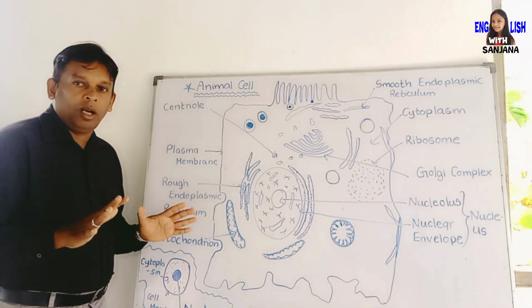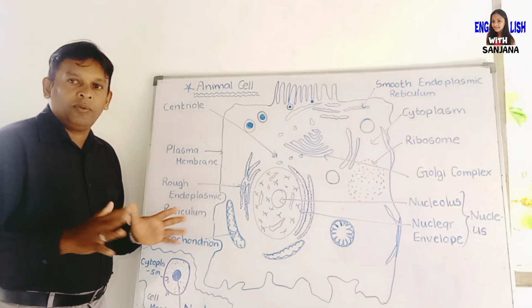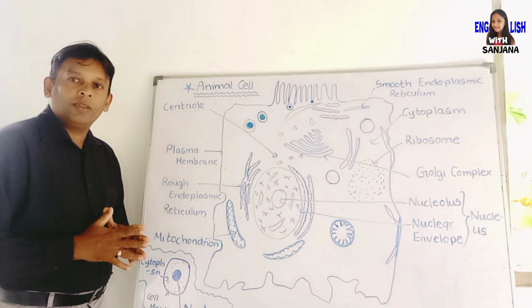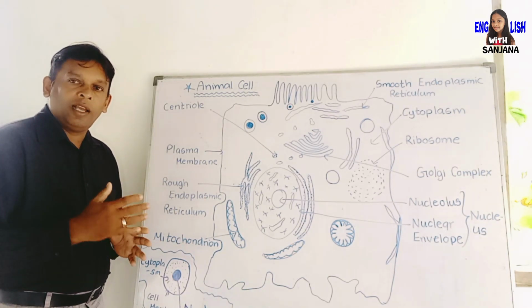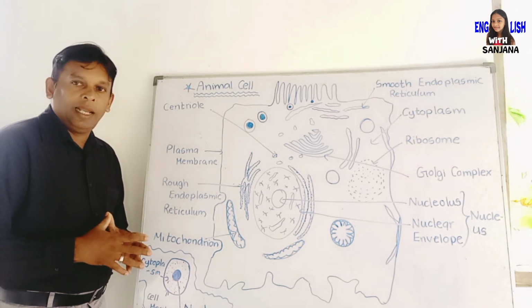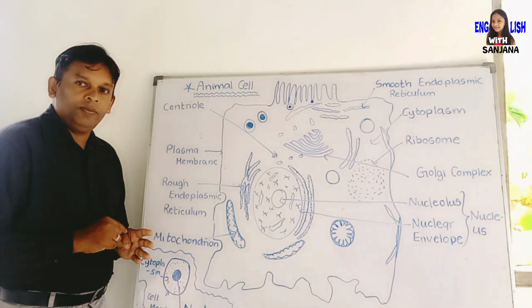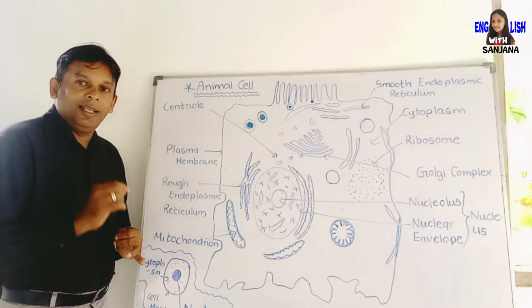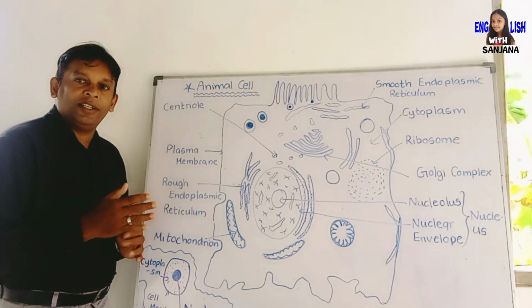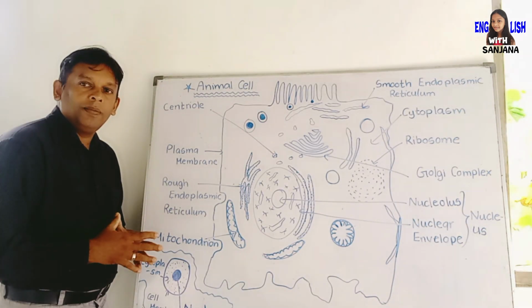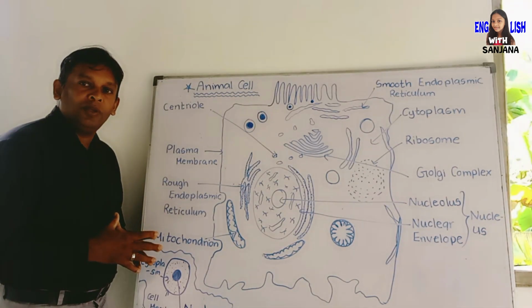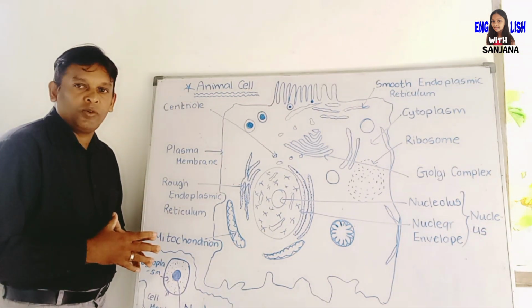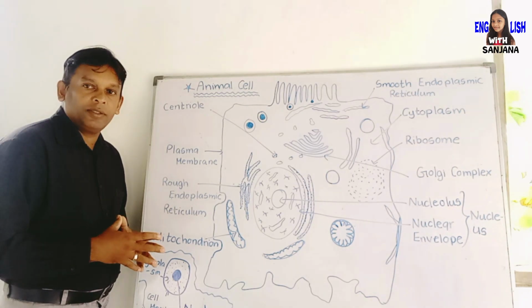It controls all the metabolic activities which are happening in the cell. And it also stores hereditary information and transmits hereditary information from one generation to another generation. At cell division, you will be able to learn more about chromosomes and their function and behavior.